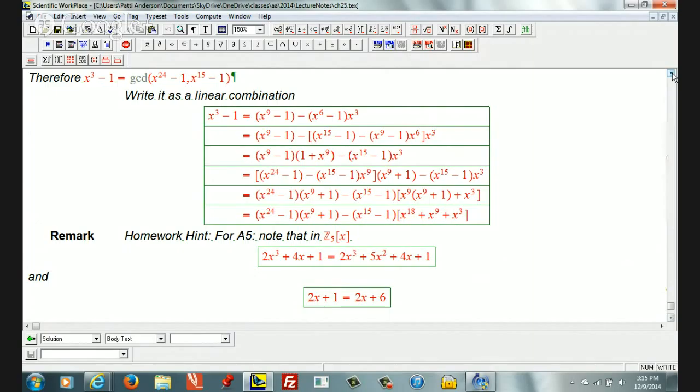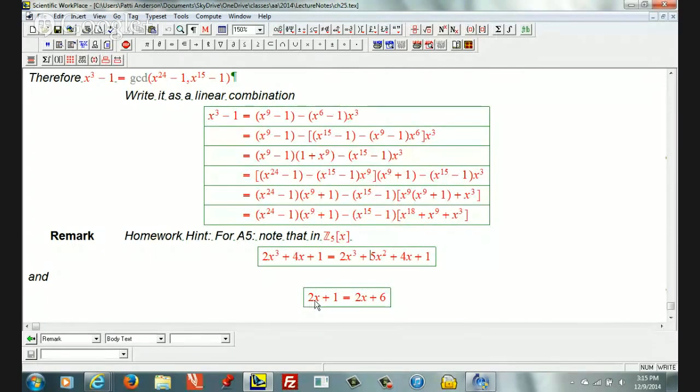And then on your homework in Z5, they give you this polynomial, 2x cubed plus 4x plus 1. You need to know that the 0 that you would normally put in for the x squared term, you're going to call it a 5 instead of a 0. Well, we'll just write that down really quick. This is going to be for A5.